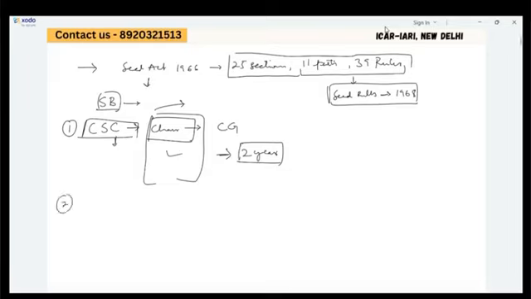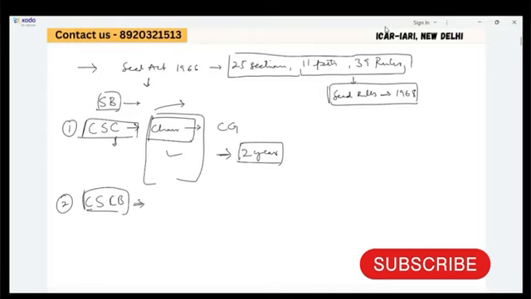The second body under the Seed Act is the Central Seed Certification Board. What is the main function of the certification board? If you can tell me, anyone? Its main function is to fix the seed standards for certification.